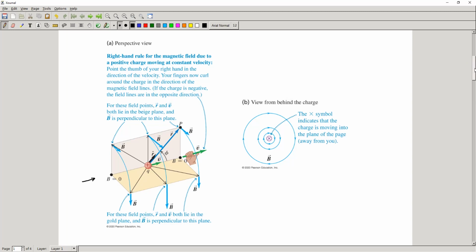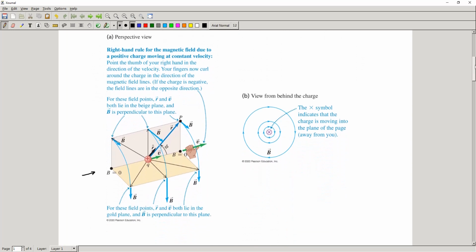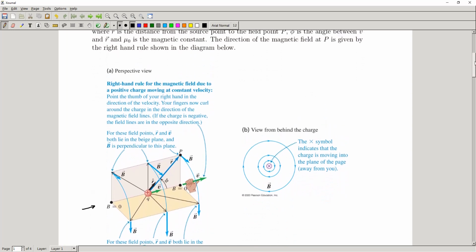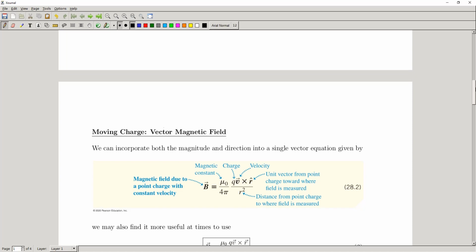So you can probably guess by looking at this expression here, we have this v, and we have a sine phi in this case, and we're talking about this thing pointing in a direction that somehow relates to r and v. So you can imagine that we're going to come up with an expression that encapsulates both of these into a vector expression, and that's exactly what we're doing here.